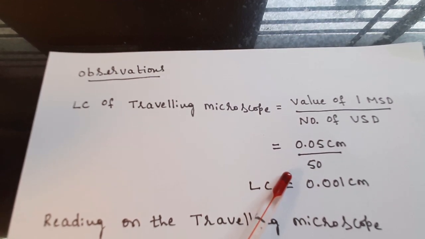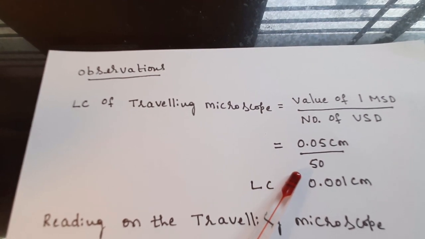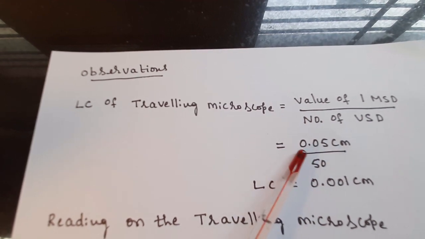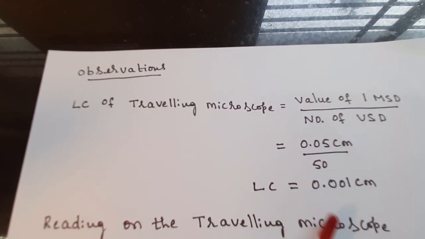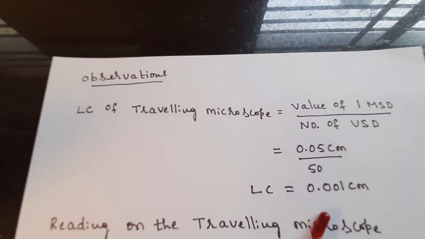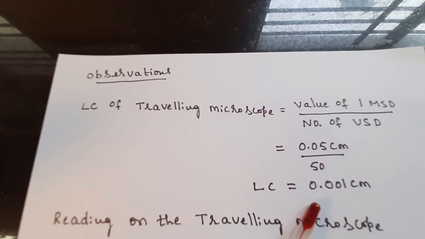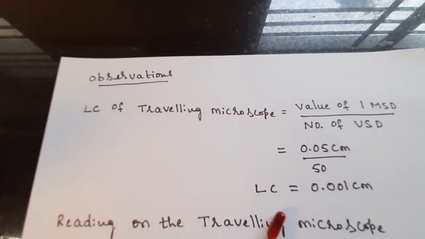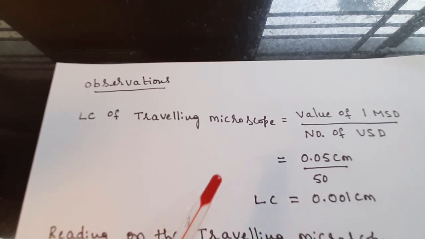Divided by the number of vernier scale divisions, 50, therefore 0.05 by 50 is equal to 0.001 centimeter, or 1 by 1000 of a centimeter, is the least count of the traveling microscope.